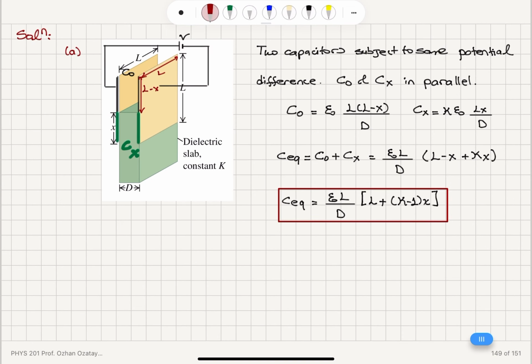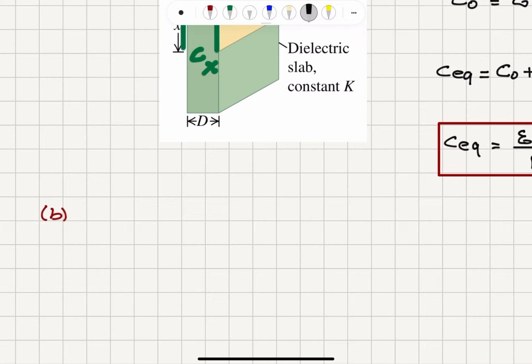Now let's move on to part B. Well, what is the stored energy as a function of x? It is basically 1 over 2 C equivalent V squared, or Q squared over 2C equivalent.